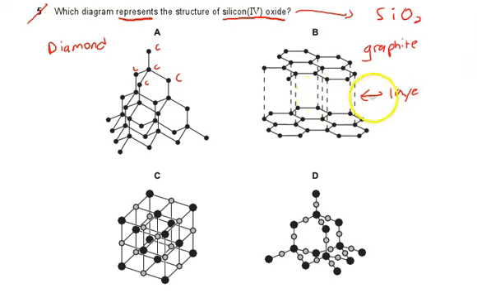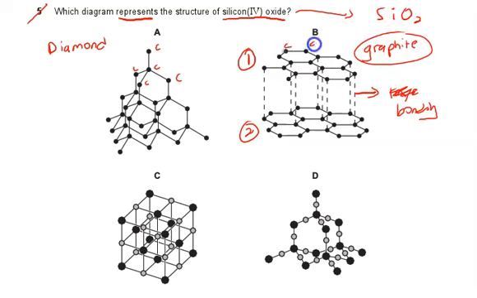So here we have layer 1 and layer 2, and they are weakly bonded by this. So they have this weak bonding. So this is more to graphite, and all the atoms here are carbon.